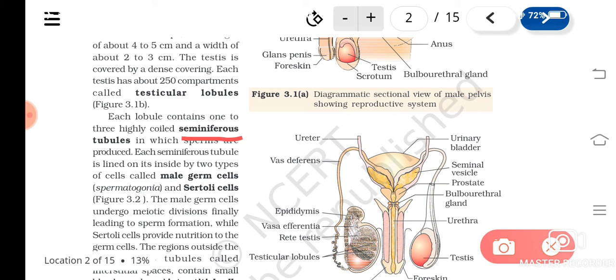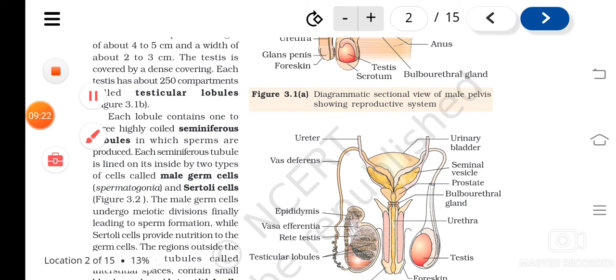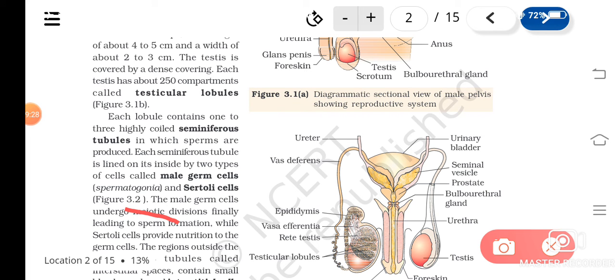The seminiferous tubules are lined by two types of cells: the male germ cells or spermatogonia, and the Sertoli cells. The spermatogonia, found in the lining of the seminiferous tubules, undergo meiotic division and give rise to sperms.